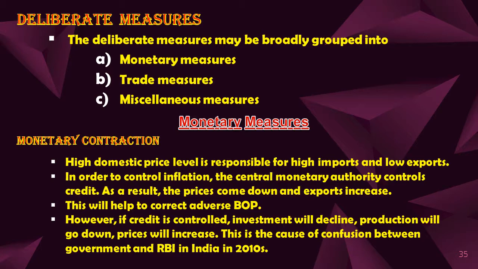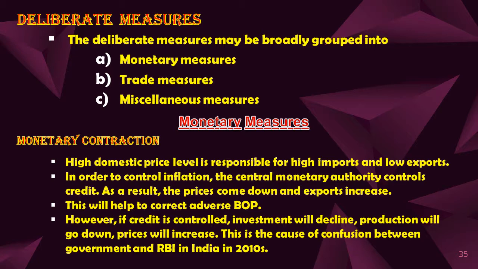This will help to correct adverse balance of payment. However, if credit is controlled, investment will decline, production will go down, and prices will increase. This is the cause of confusion between the government and RBI in India in the 2010s.